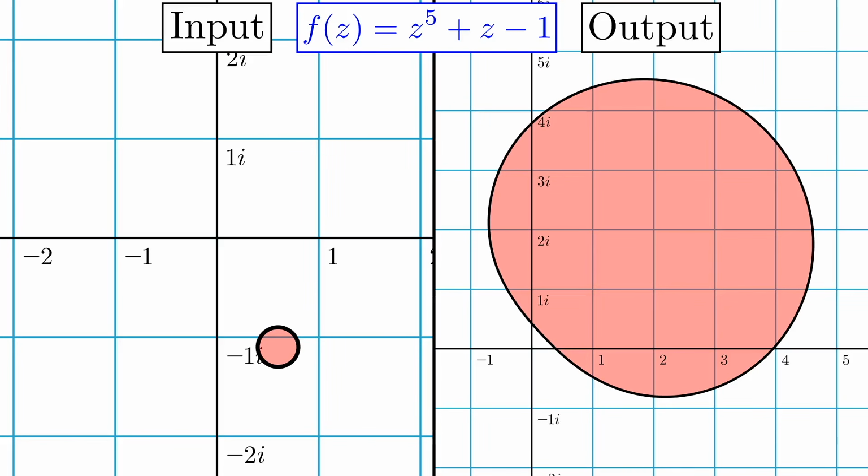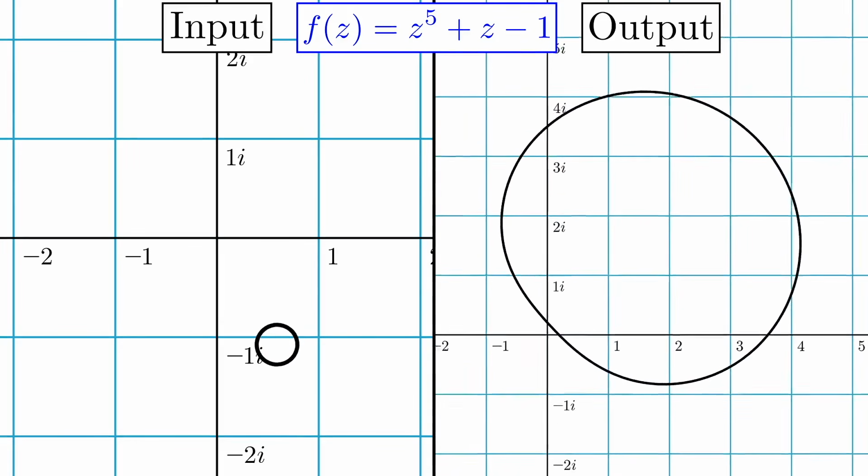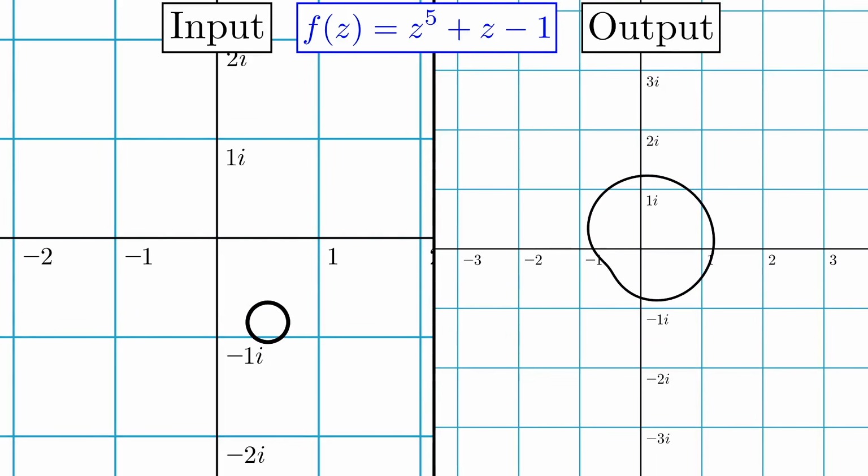In this particular instance, you can see that the image of this circle in the output plane does not enclose 0. And so it is not possible that any point on the inside of the circle maps to 0. That means that there were no zeros of our function inside this circle in the input plane. With this method, it's fairly easy to see that this circle definitely does enclose a 0 of this function somewhere.